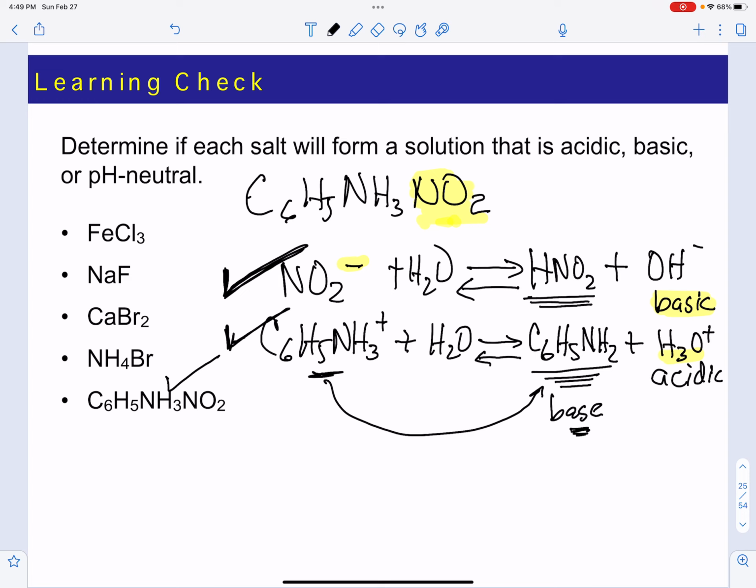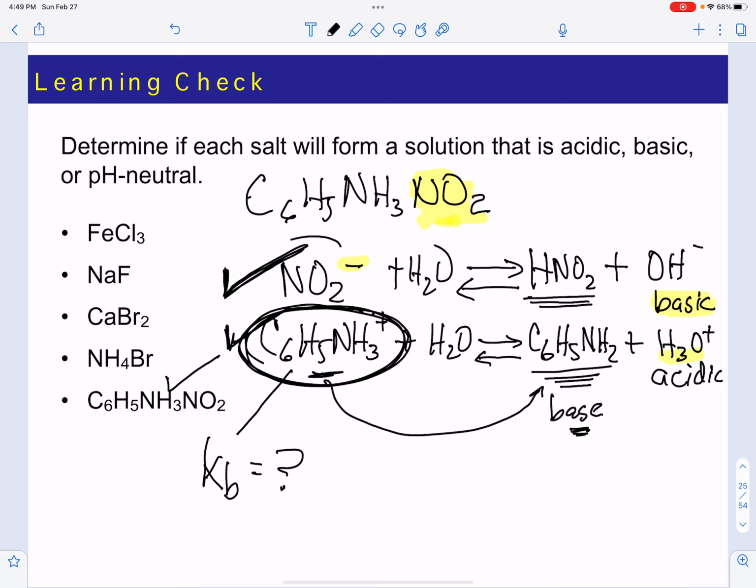So which one predominates? Well, you're going to have to go to a table and find how much is the Kb of this. You need to find the Kb on a table or the internet. And you need to find the K for that one also. Actually, sorry, this will be a Ka, right?